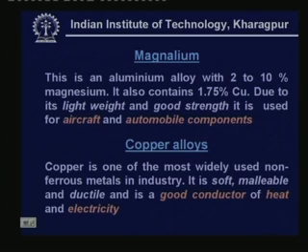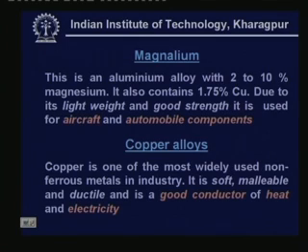It is soft, malleable and ductile and is a good conductor of heat and electricity. So, whenever you have any machine element designed for electrical and heat applications, you will find that copper alloys are present there.